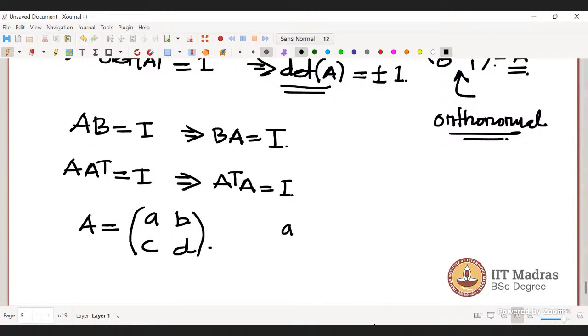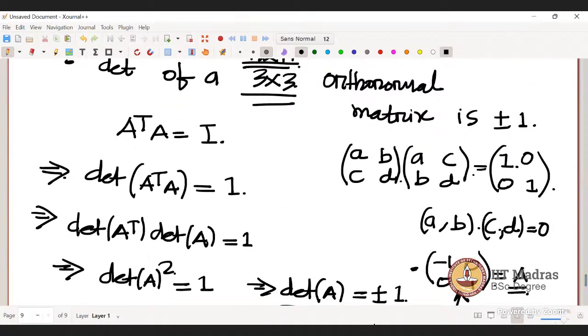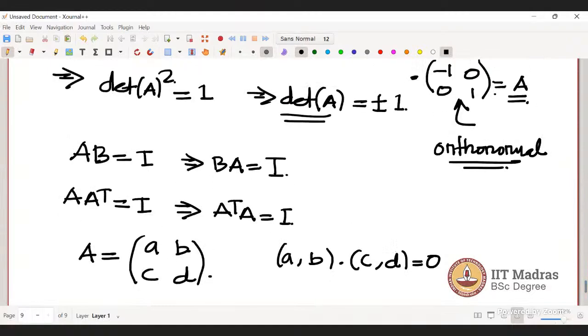So that means the dot product of (A, B) with (C, D) is 0, the norm of (A, B) is 1 and the norm of (C, D) is 1. So what I have done here, I have computed A transpose and multiplied A transpose with A in case of column. So in case of row, I'll do the reverse.